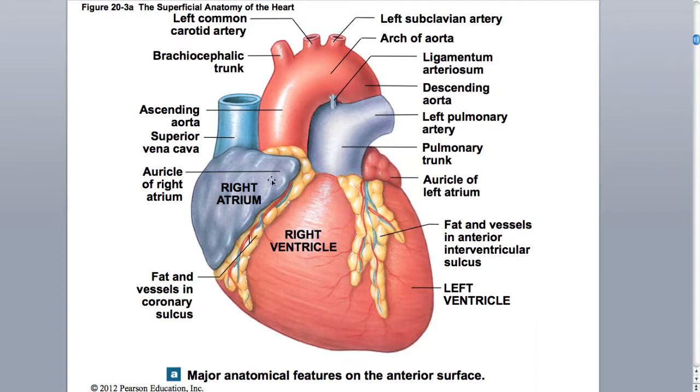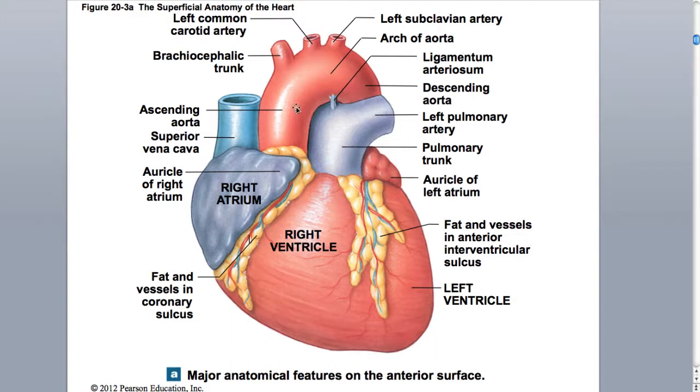I'm going to go around the clock on this picture. First, at the top, we have the left subclavian artery. This is a branch off of the aorta. The left subclavian artery will go down the left arm. So that's the first item, branching off the aorta.